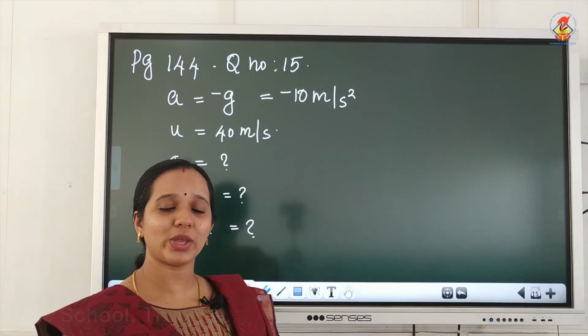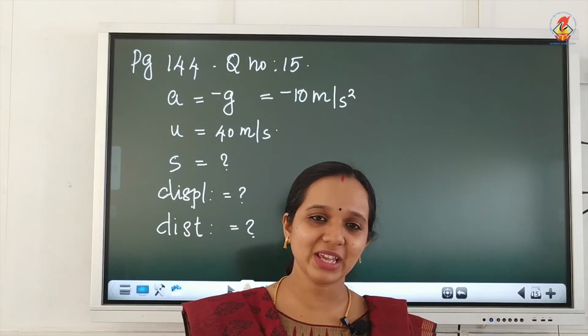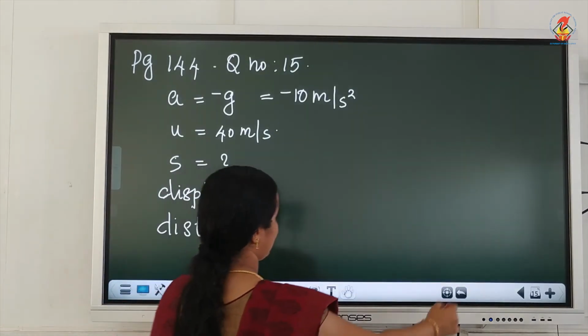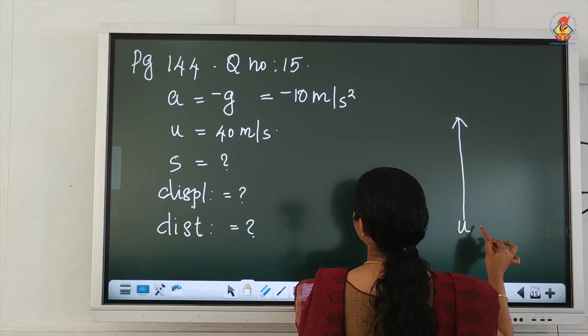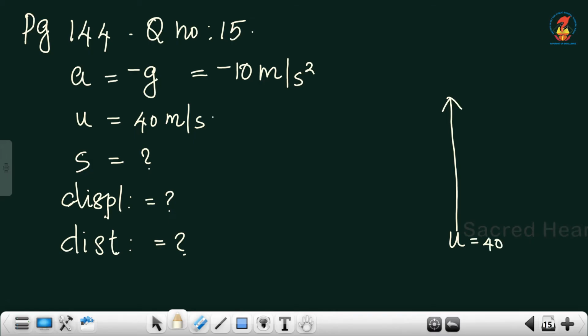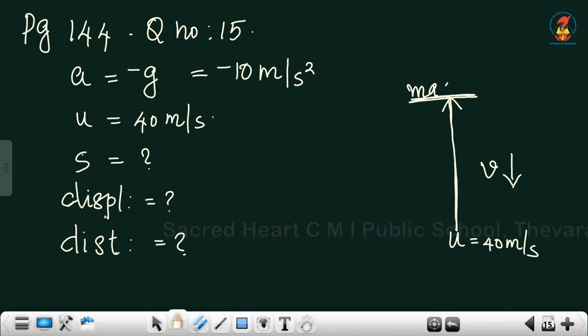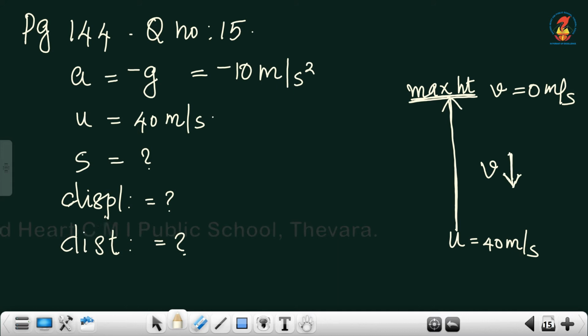When a body moves upwards, initially it had a velocity u equal to 40 meter per second. As the body moves up, its velocity will decrease, and when it reaches maximum height it becomes 0 meter per second.